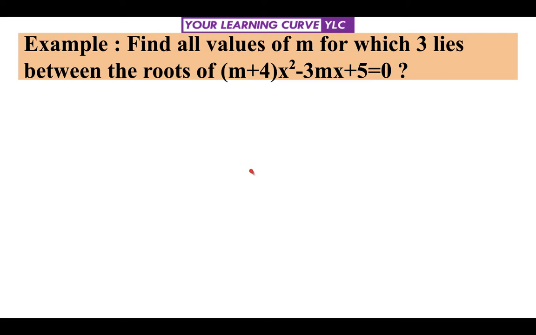Let's solve an example. We have to find all values of m for which 3, this number 3, in place of k we have used 3 over here, lies between the roots of the quadratic (m plus 4) x squared minus 3mx plus 5 is equal to 0.